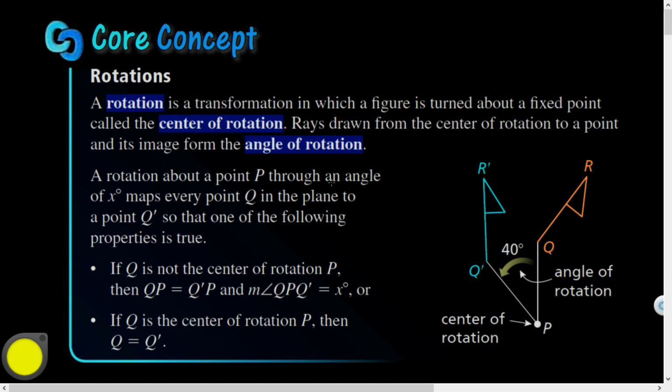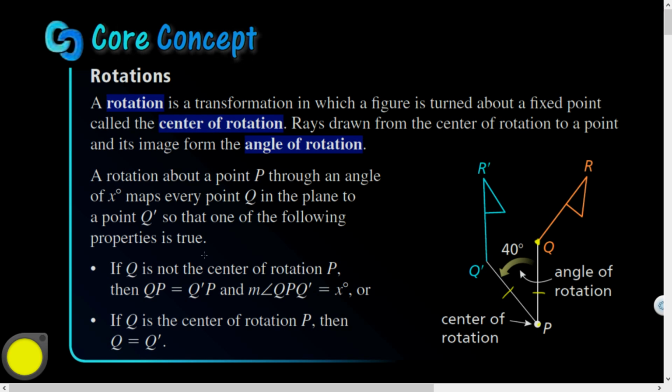A rotation about point P through an angle of x degrees maps every point Q in the plane to Q prime so that one of the following properties is true. If Q is not the center of rotation, then QP is equal to Q prime P, and if those measures are equal, then the segments are congruent.